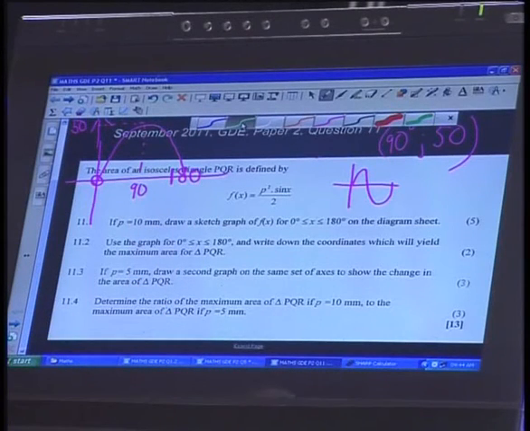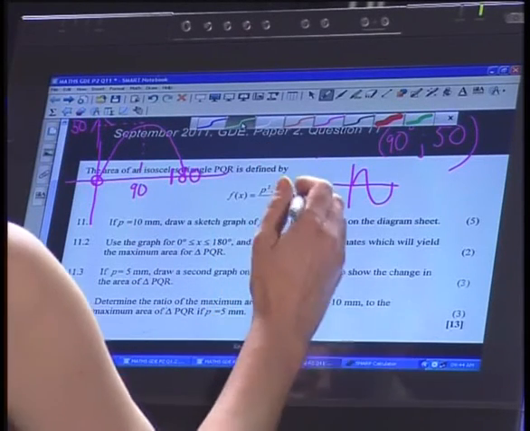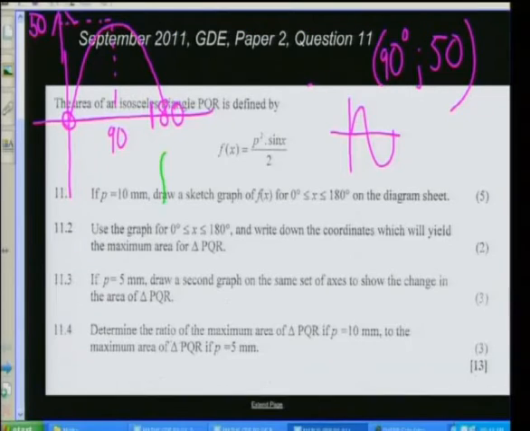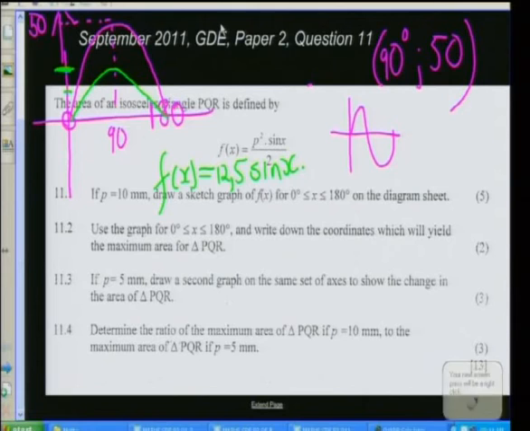Yes. 25. 25 divided by 2, which is then 12 and a half, right? Yes, ma'am. So f of x is 12,5 sine x. Okay. And if I draw it on the same system of axes, it's not a very tidy graph, that's 25, so let's say it's about here. Now my graph is going to look like that.